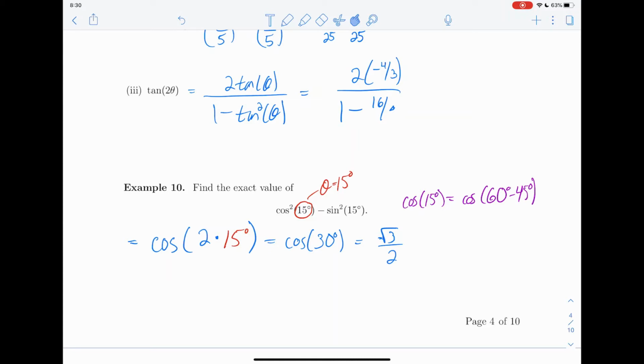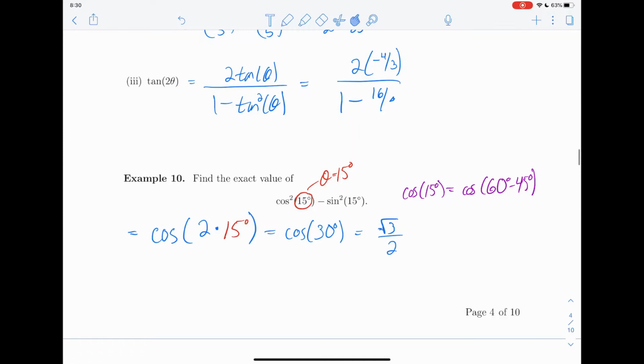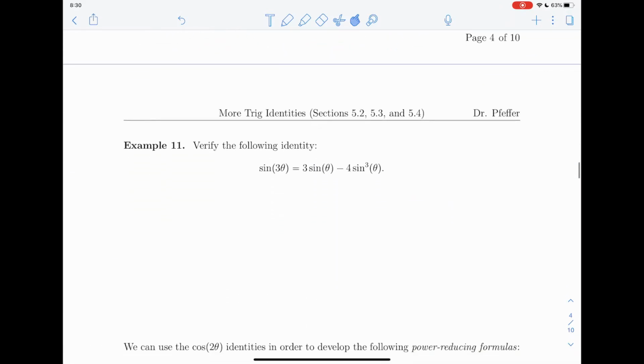In fact, mixing what we learned last video and what we're learning this video, we can actually build really interesting trig identities for more complicated looking objects. For example, here's an identity: the sine of 3 theta is equal to 3 sine theta minus 4 sine cubed theta.